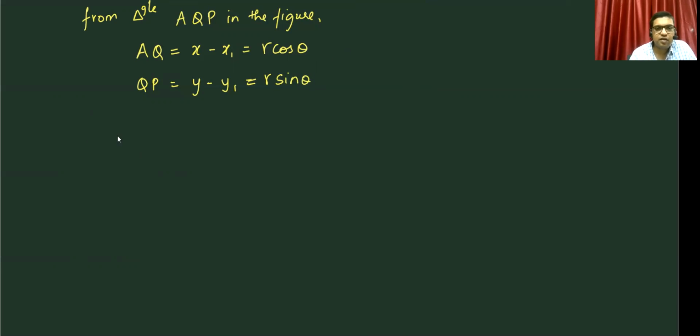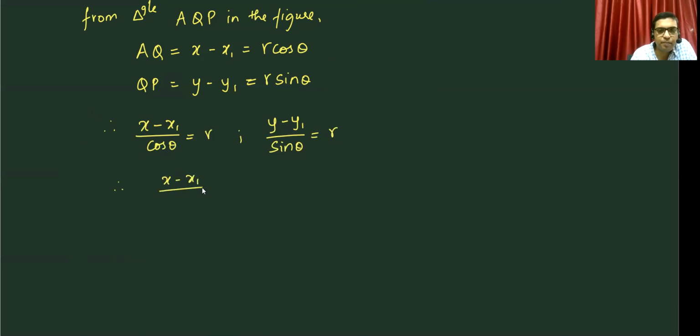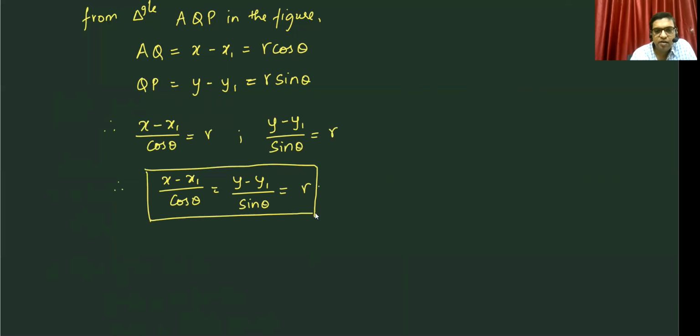Therefore, x minus x1 by cos theta is equal to r, and y minus y1 by sin theta is also equal to r. From these above two, we can write the parametric form.